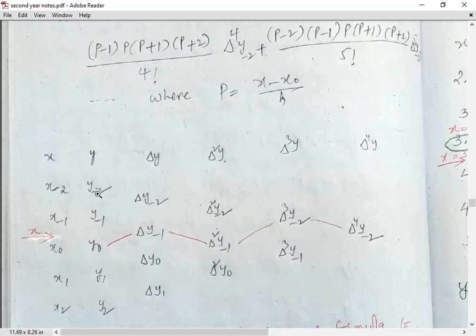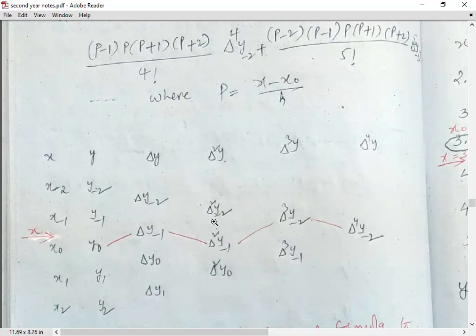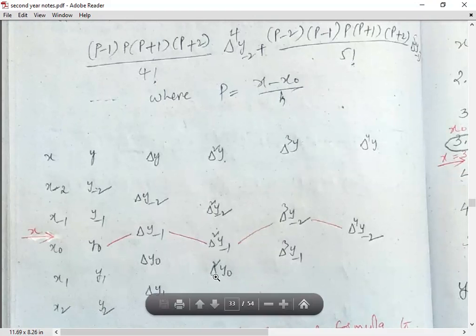Successive minus preceding is delta y minus 2, delta y minus 1, delta y naught, and y2 minus y1 is delta y1. Similarly, the second forward differences are successive minus preceding: delta square y minus 2, delta square y minus 1, delta square y naught, and so on. We continue the same till we get the last difference.